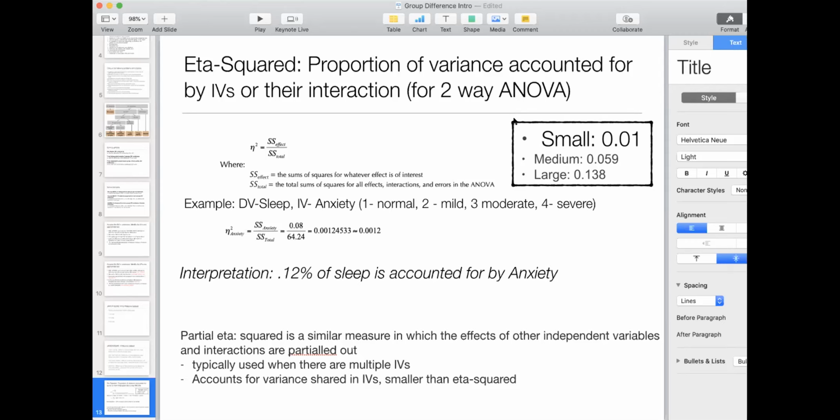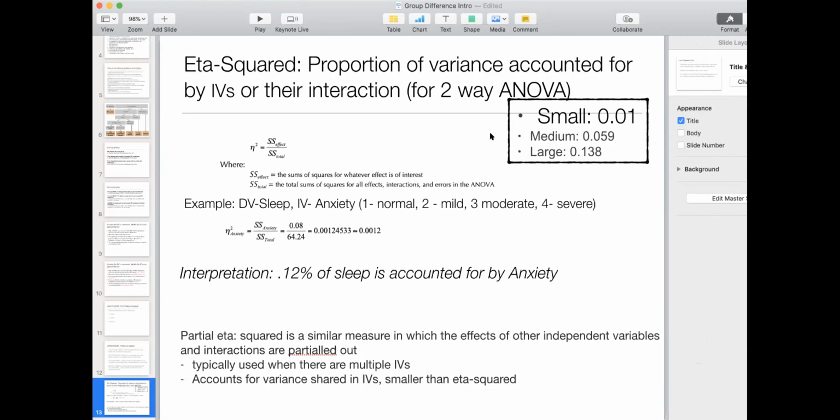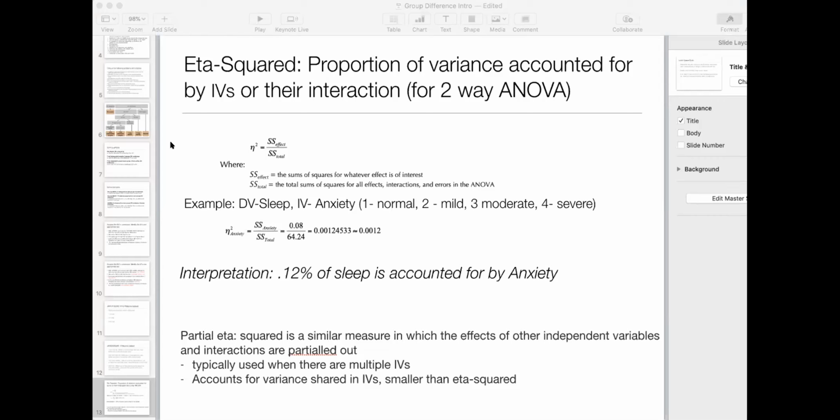Other questions? I'm on F ratio. Okay. How do we interpret that in written form? You just say if it's significant or not. You report it. The F ratio was significant, and then you put the actual value in parenthesis.